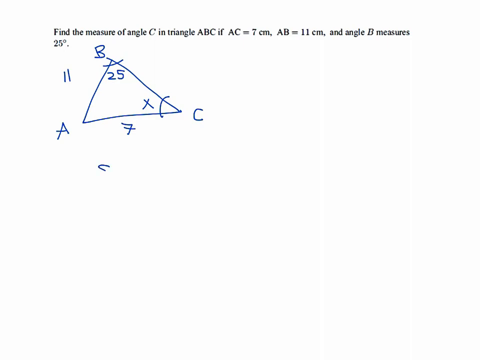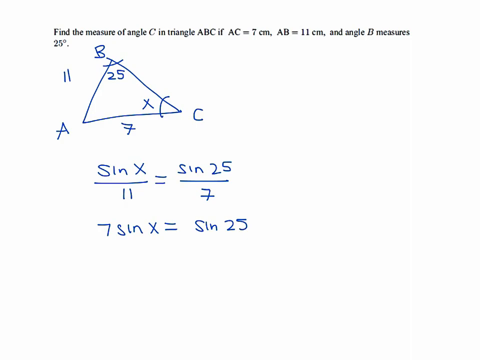Then we get sine of x over 11 is equal to sine of 25 over 7. Then we get 7 sine of x is equal to 11 sine of 25, and dividing both sides by 7, we get sine of x is equal to 11 sine of 25 over 7.